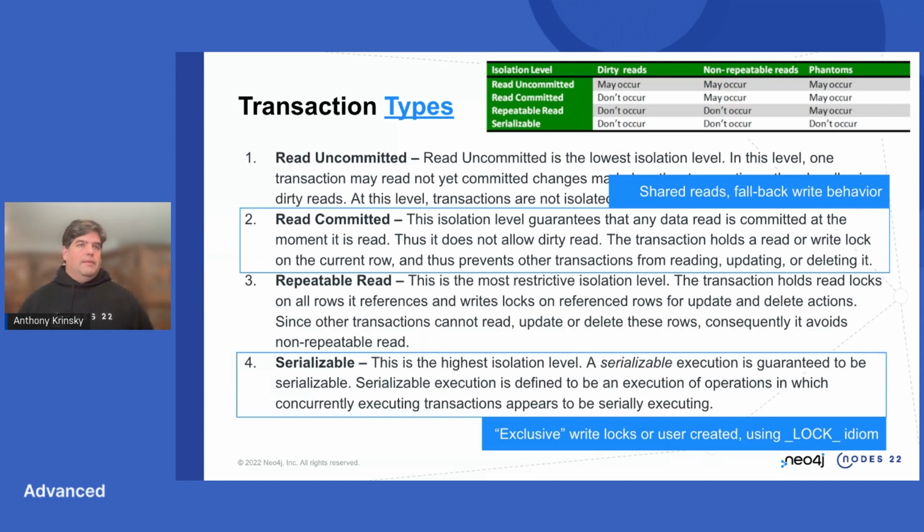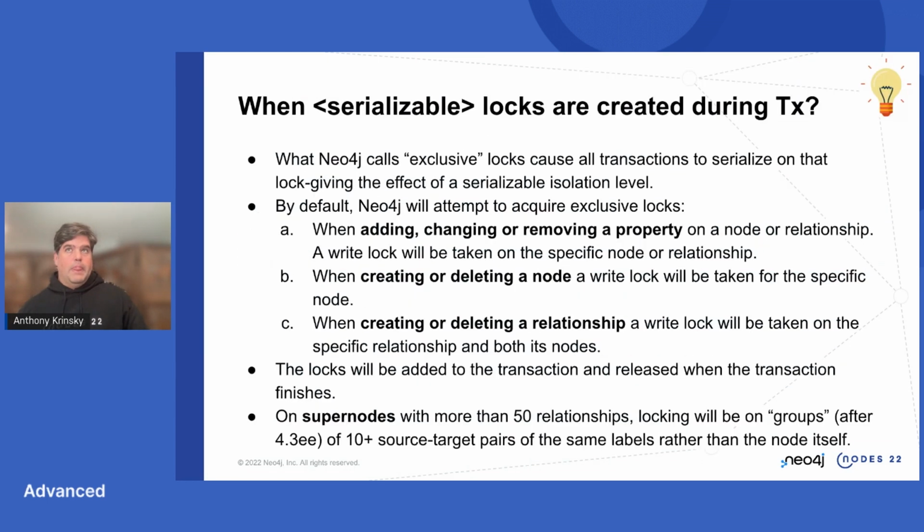That being the most strict serialization, where nobody can read while you're writing, or no two threads can write at the same time. Serializable, you can think of that when you see in our documentation something called exclusive write locks. And we're going to talk in a minute about how you can also create exclusive write locks using the underscore lock idiom in your code.